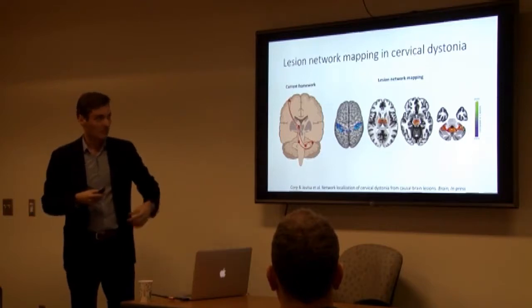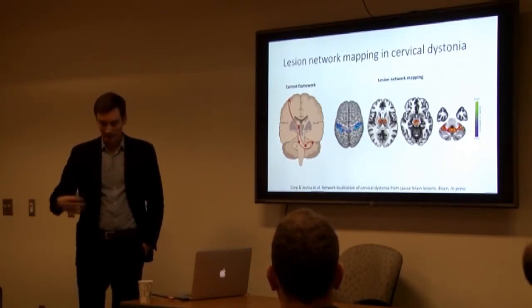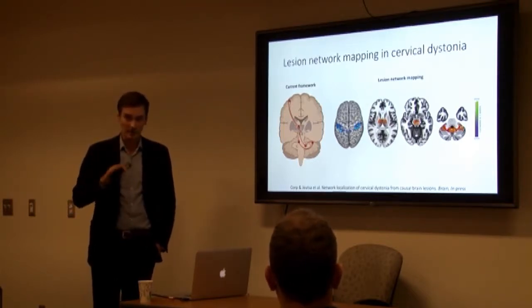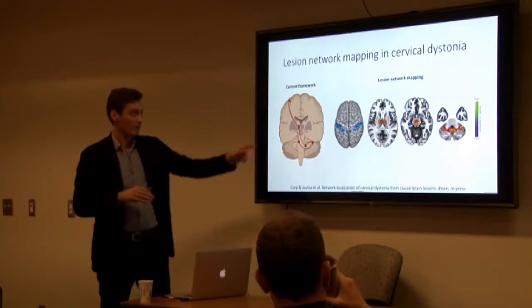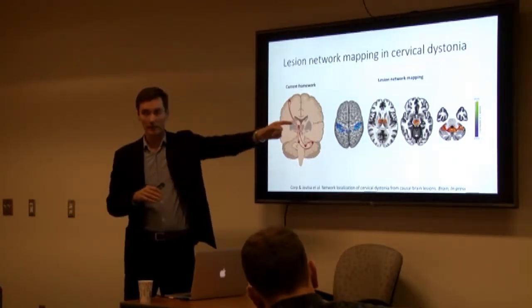And when we compare these findings to all movement disorders and all other lesions, there are two regions that were specific only for cervical dystonia: the primary sensory cortex and the cerebellum.